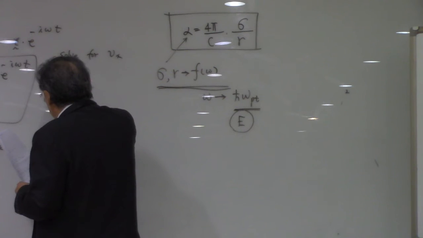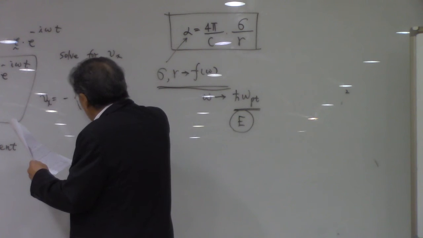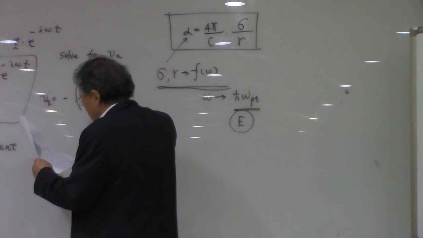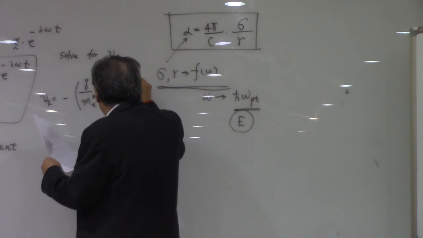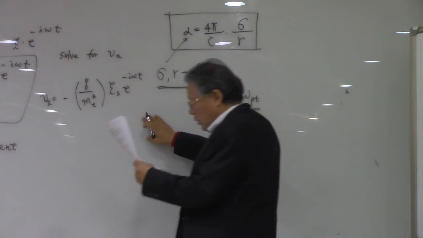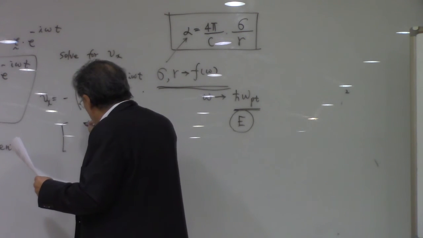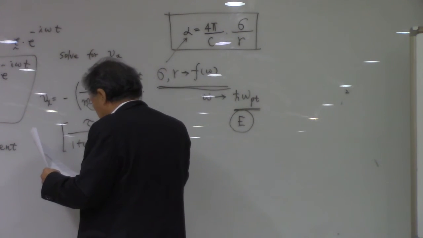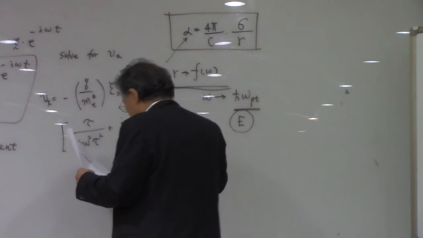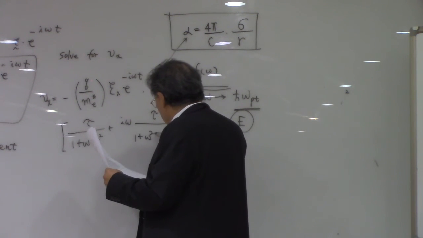Now finally, Vx is equal to something like minus q over me star times the electric field e to the minus i omega t. That is the change in the electric field. And this thing should be multiplied with tau over 1 plus omega square tau square plus i omega tau square over 1 plus omega square tau square.